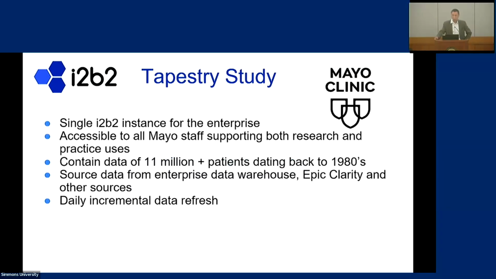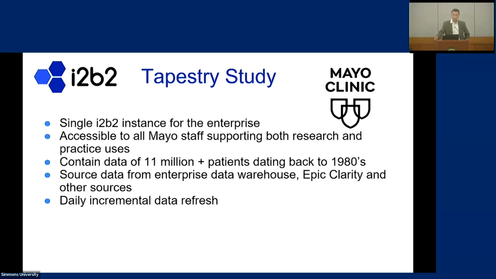So the access to our I2B2 is really open to the entire Mayo Clinic staff, not just to the research. And this may or may not be somewhat unique, is that our I2B2 actually is used to support both research and the practice use cases.